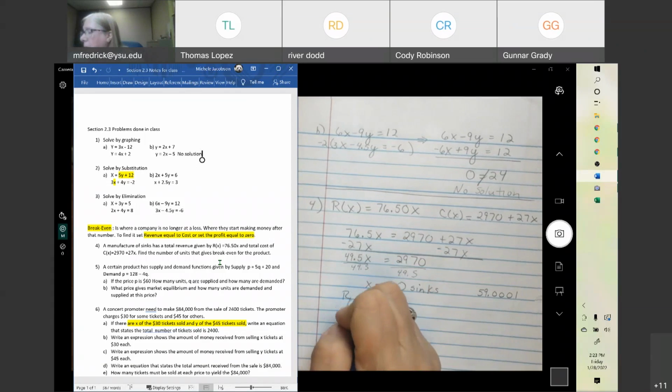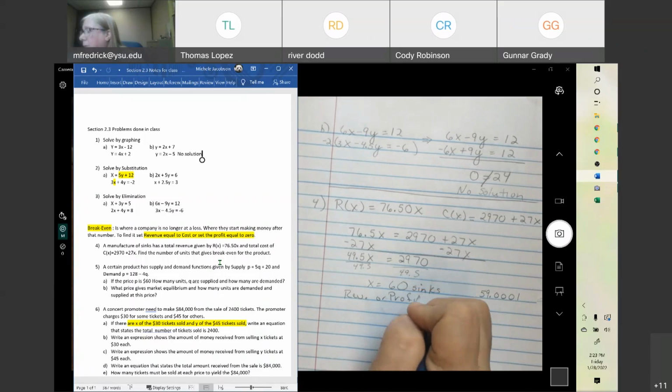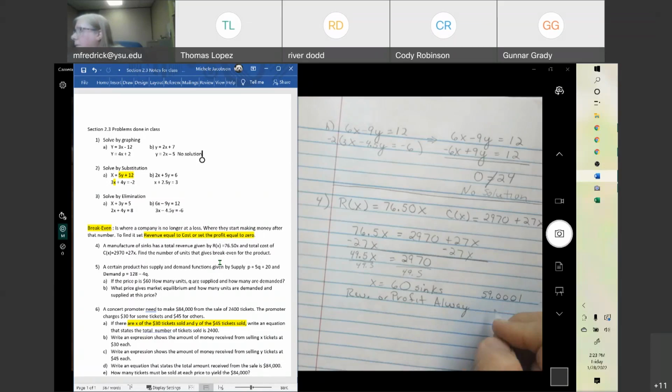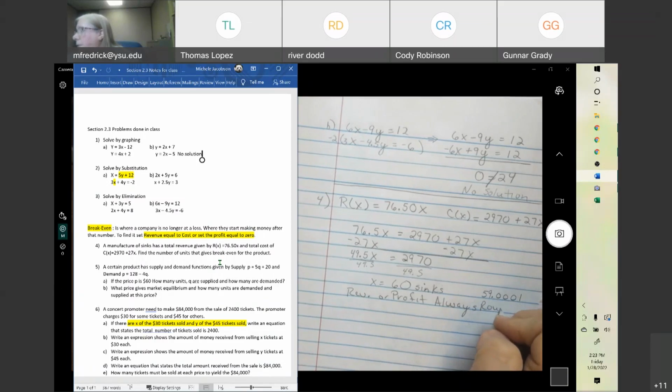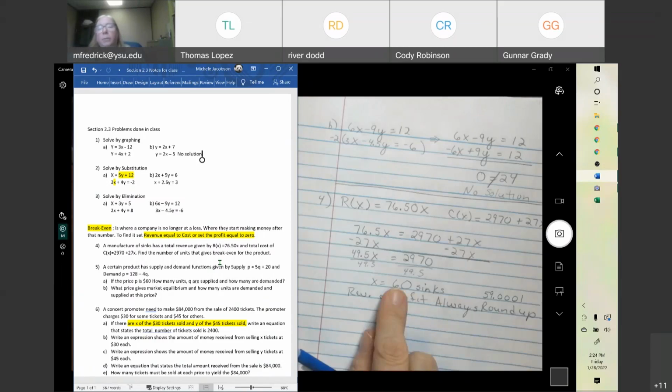So when you're working with revenue or profit, always round up if you need an integer. We're not going to sell part of a sink. So if this would have been a decimal, whatever decimal was on there, we'd round up.